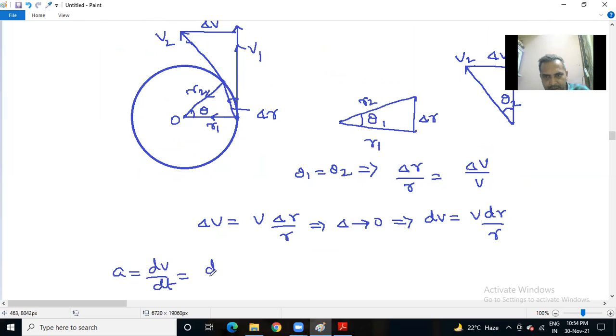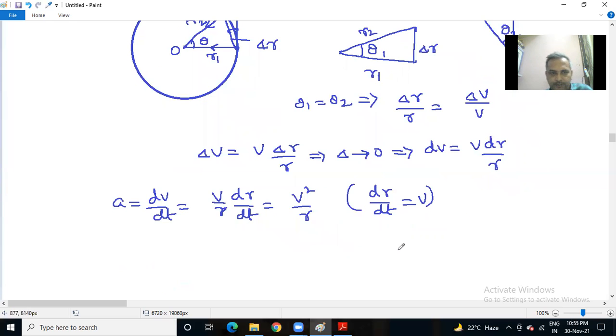Now dV is V into dr by R with dt. So dr by dt is once again velocity, so it will be V square by R. This is the expression of centripetal acceleration, V square by R.